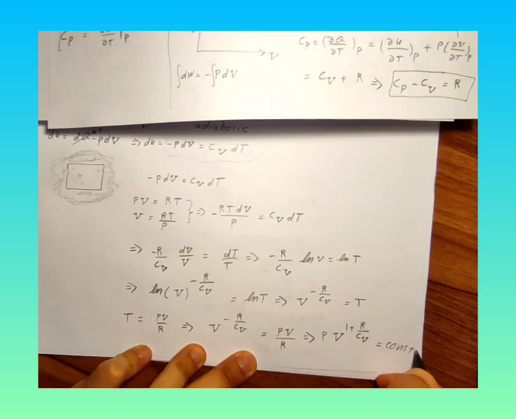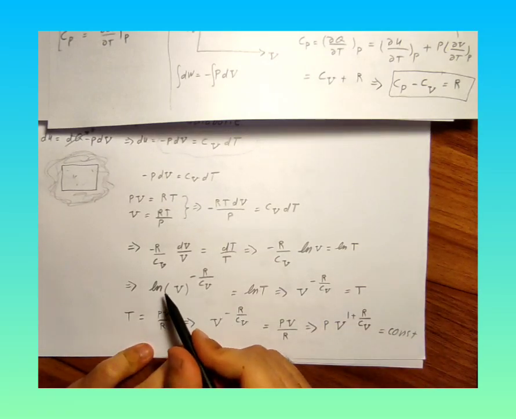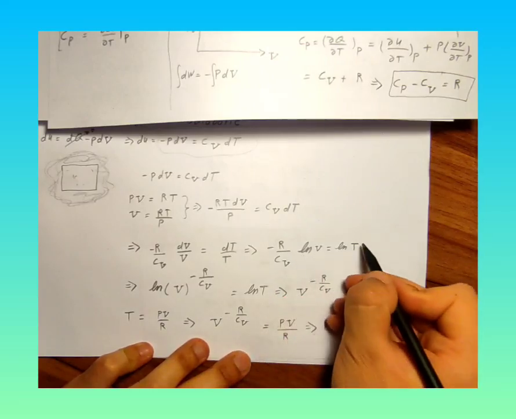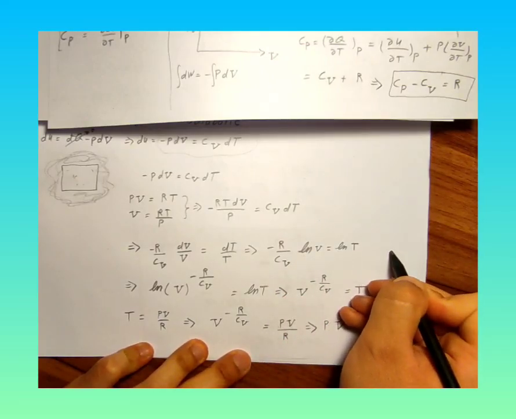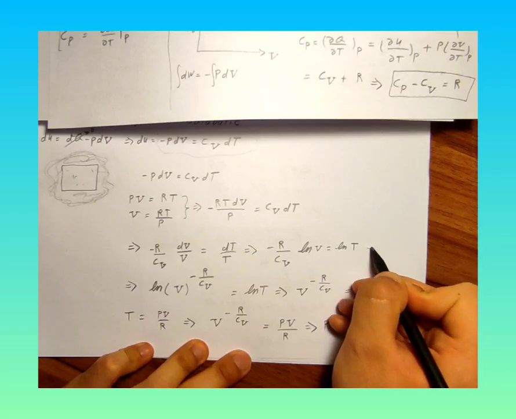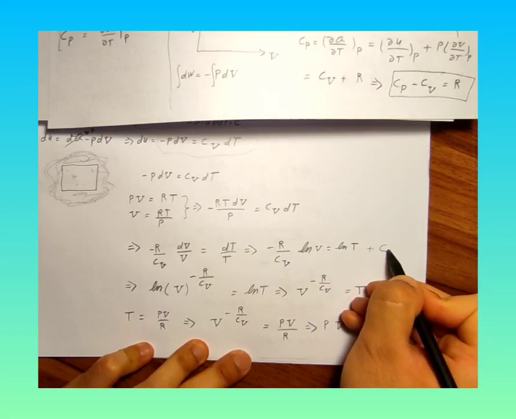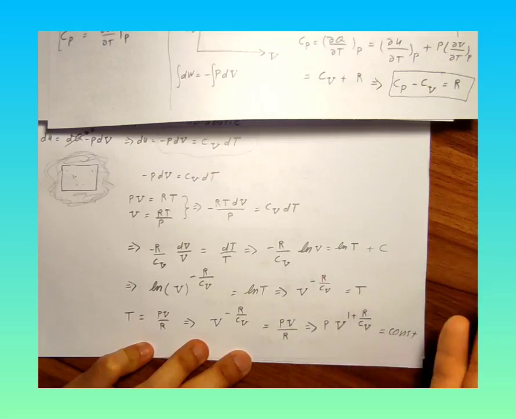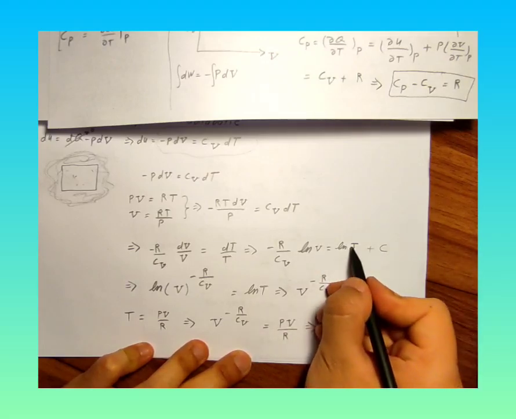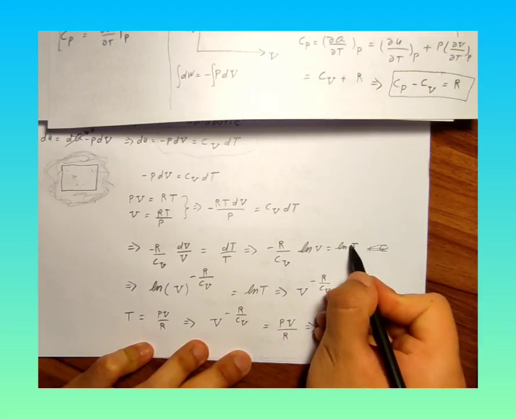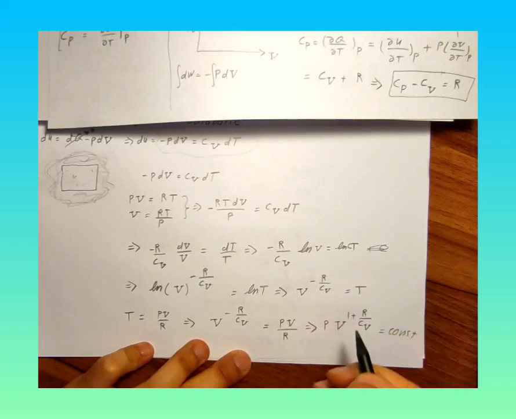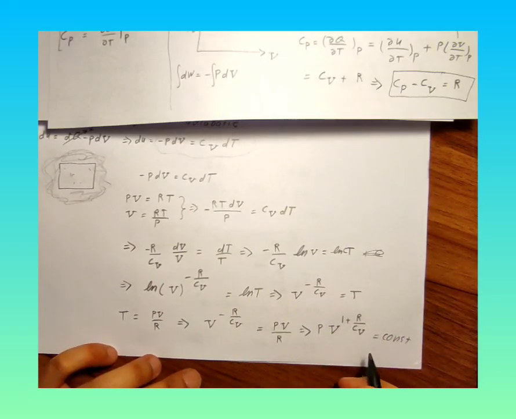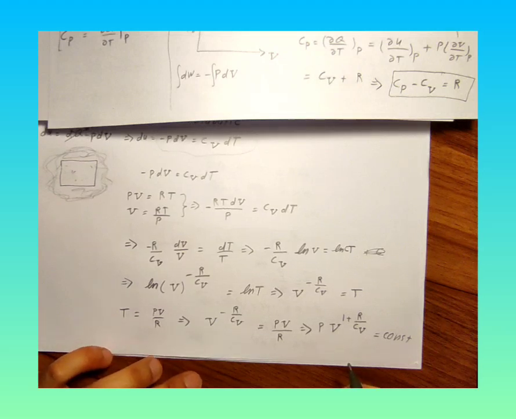Actually, it's not R, because when we did the integral, we didn't put a plus C. If we put a plus constant here, this C would be ln of some constant, and it would be a constant here. This is not R all the time.